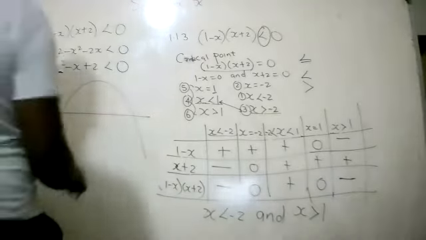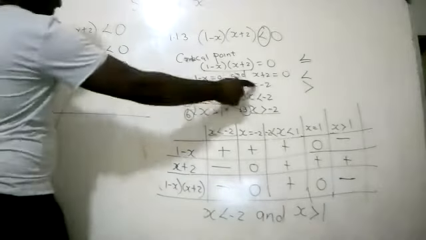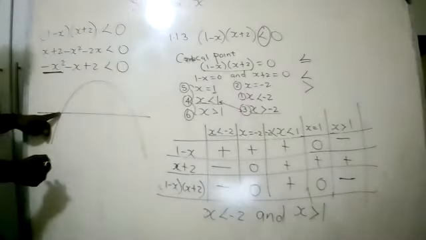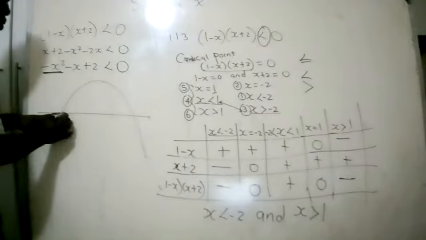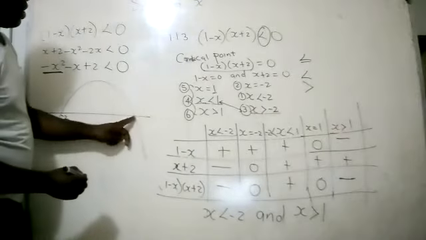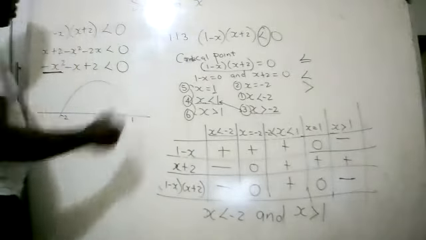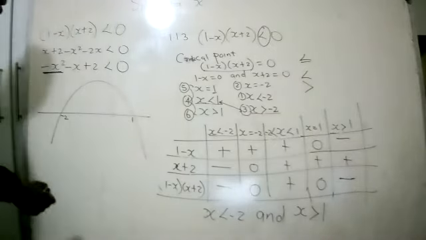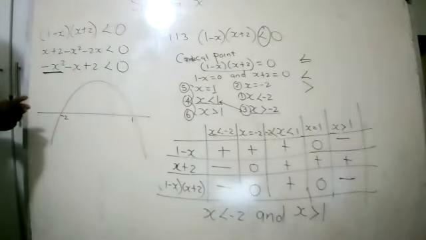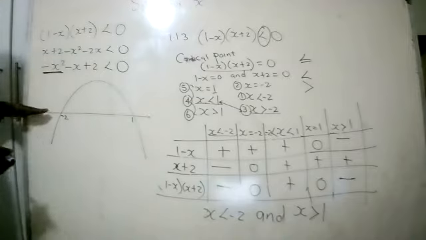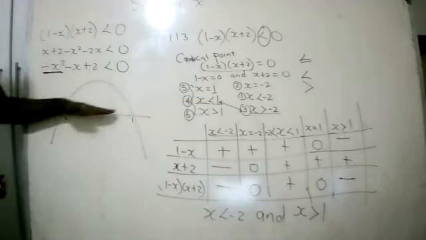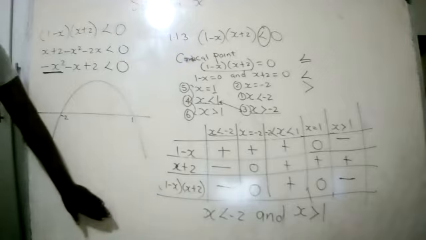All right. And then from there, we use the critical points we obtained here. So the smallest critical point, we write it here. So it's -2. And the highest critical point, we write it there. So it's 1. Now we interpret the graph. If the graph is below the x-axis, it means that part is negative.